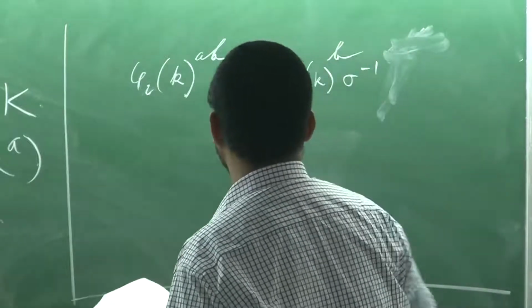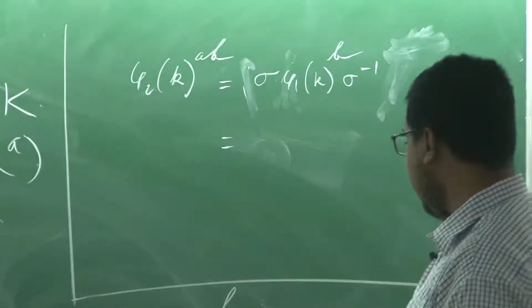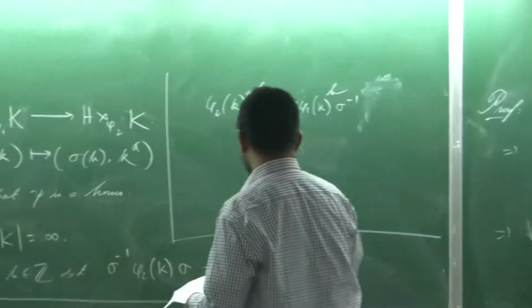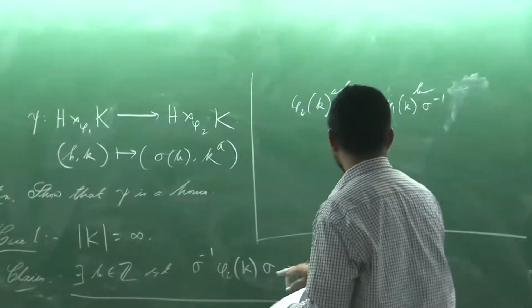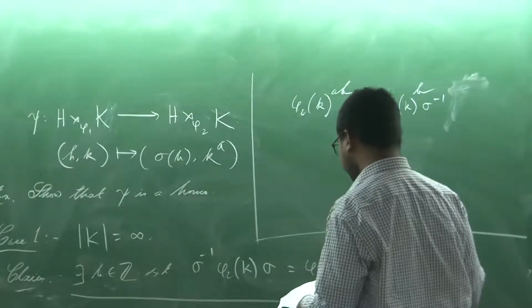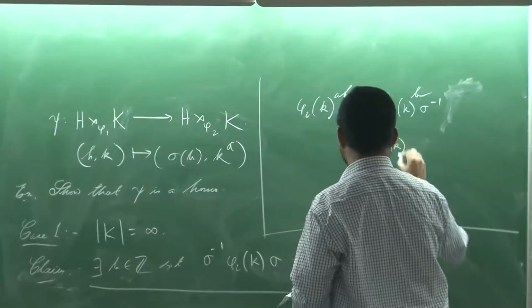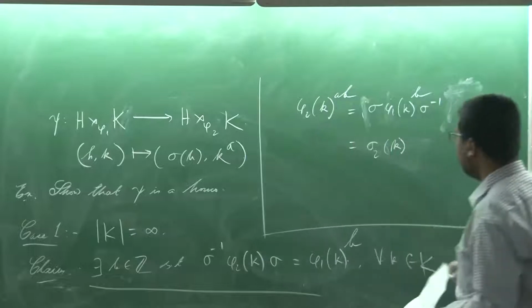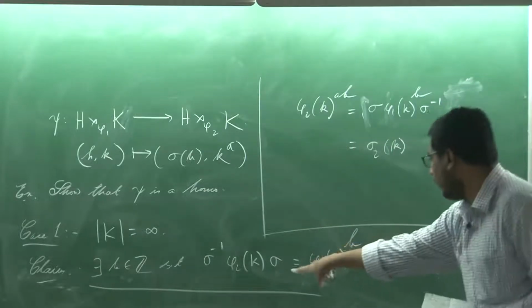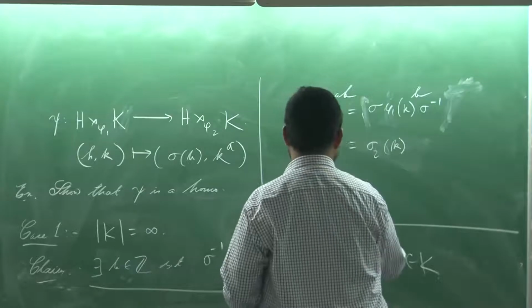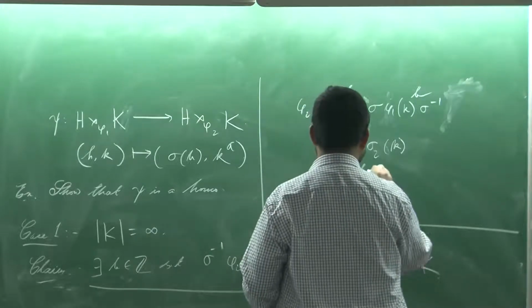Okay, I can push b inside, and next we see that this is again same as phi 2 k, right?